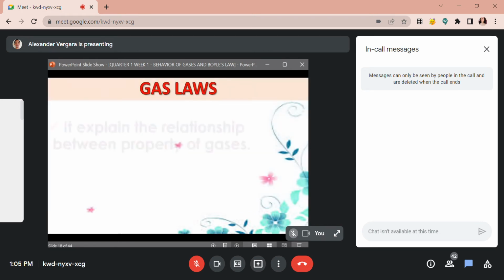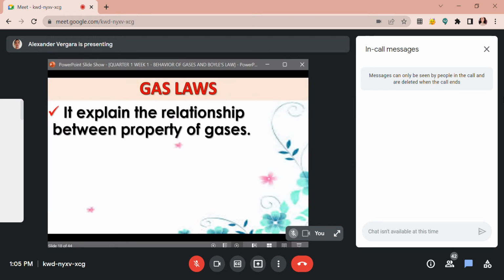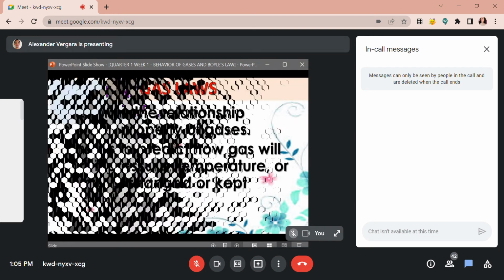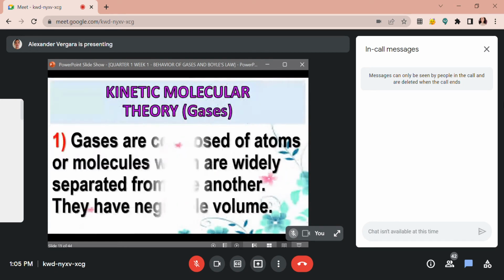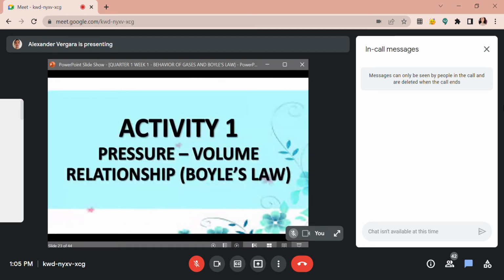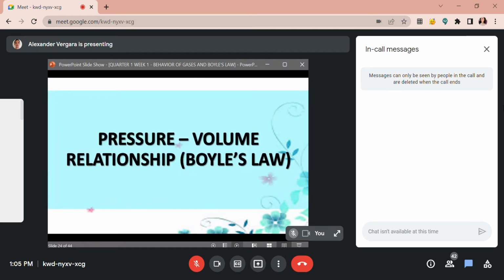The gas laws explain the relationship between the properties of gases. They help to predict how a gas will react if pressure, temperature, or volume is changed or kept constant. So here we have the pressure-volume relationship, which is Boyle's law.